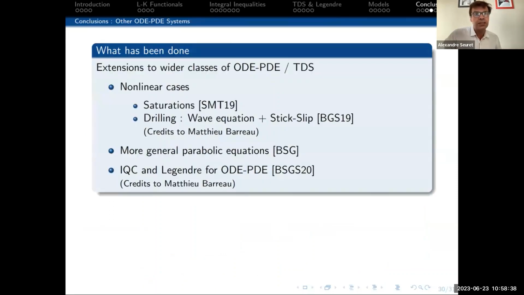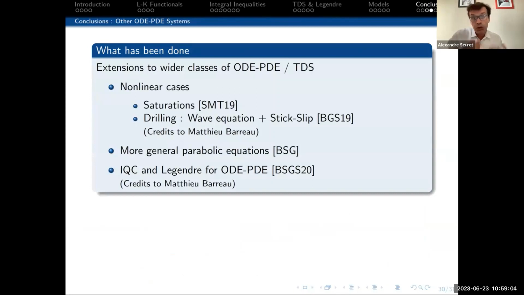We have done in this direction a lot of work to include some nonlinear cases, such as systems with saturation. A comment here: usually when you have saturation, you want to estimate the basin of attraction of the system, because the stability is not global; it's only local.